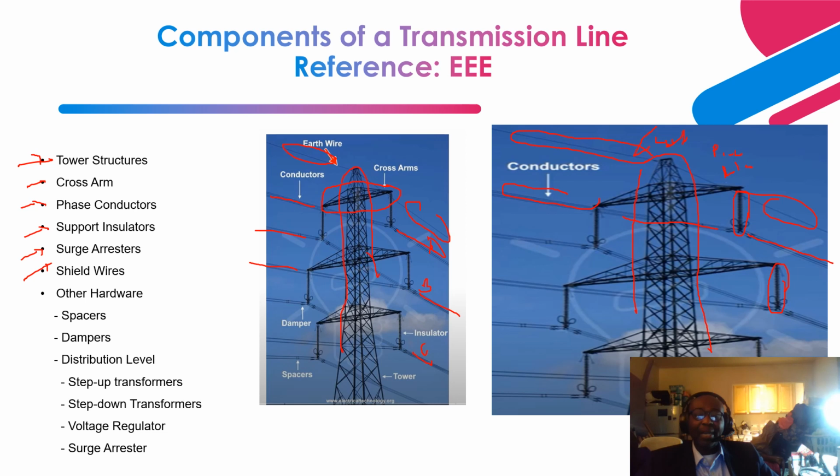So a direct lightning strike will hit the shield wire and will be connected to ground at vantage points where there are ground wires that go down the tower structure onto the ground grade. At various spans of the transmission line, there are grounding points.